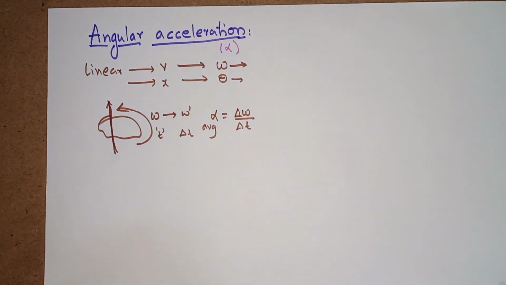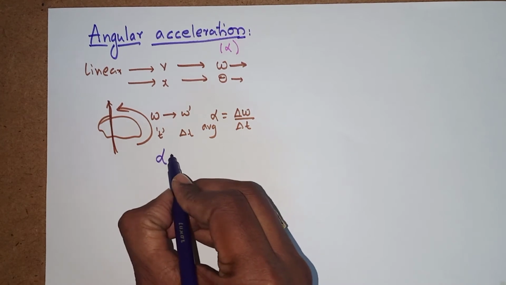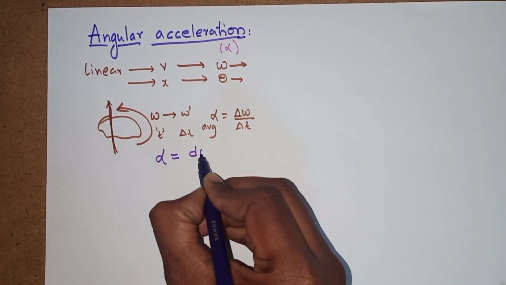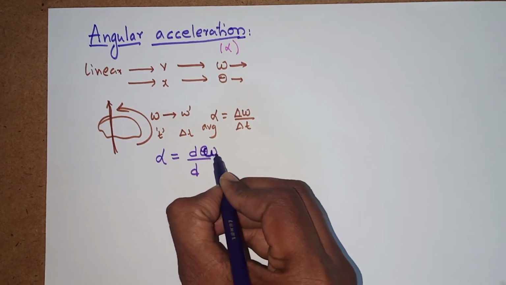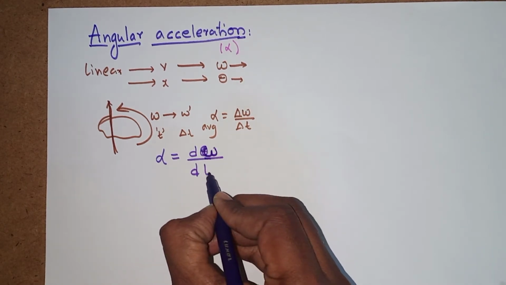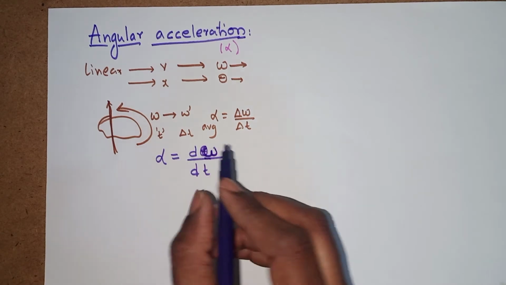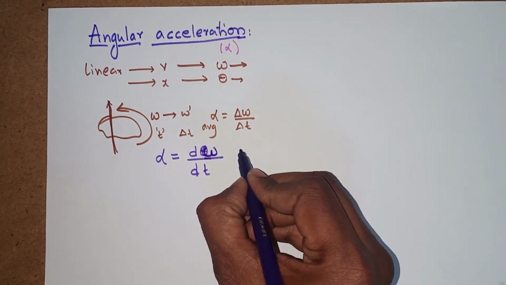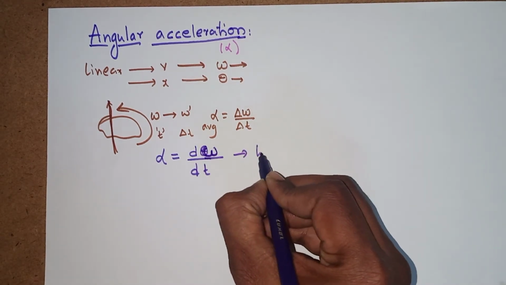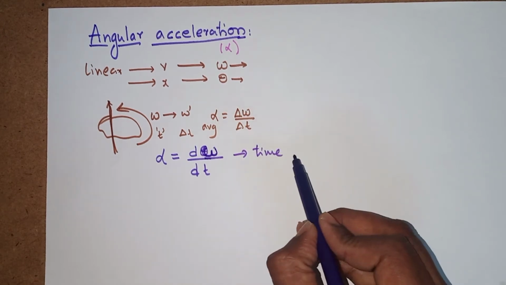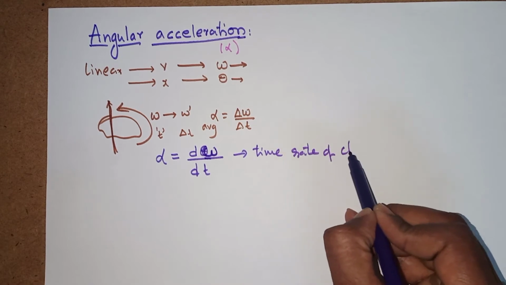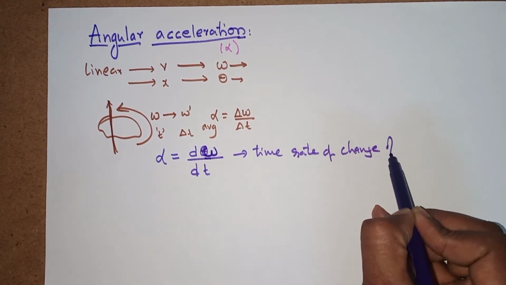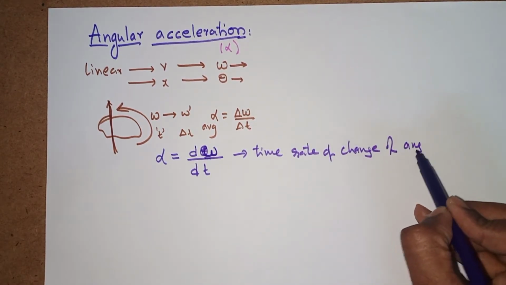We are going directly to the point where alpha, the angular acceleration, is equal to d omega by dt. So what is that? It is the time rate of change of angular velocity.